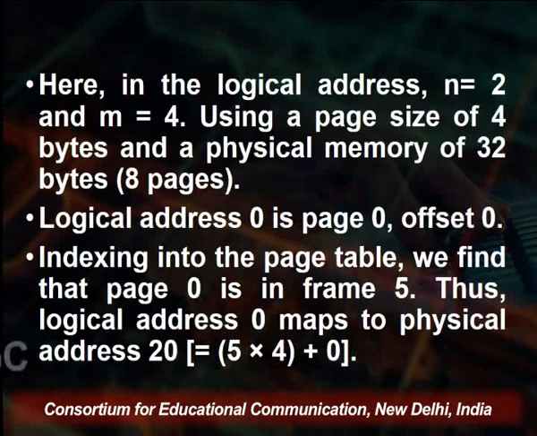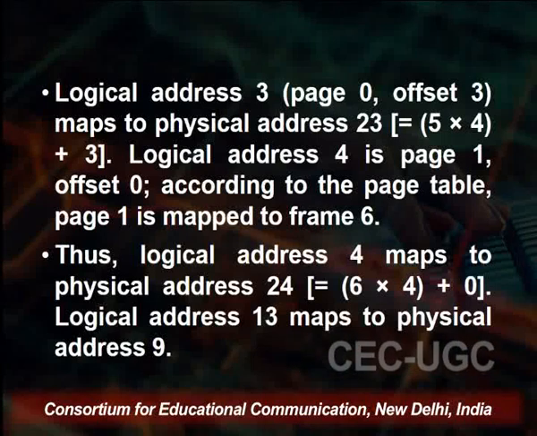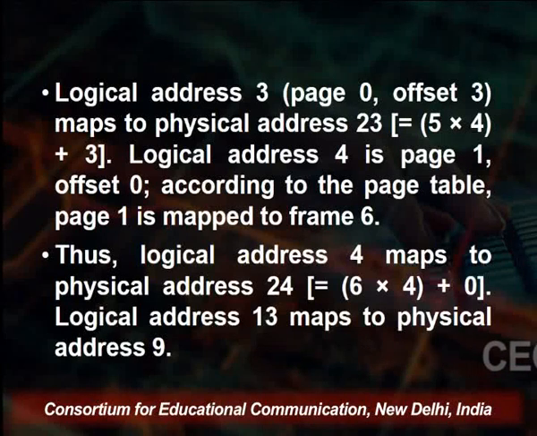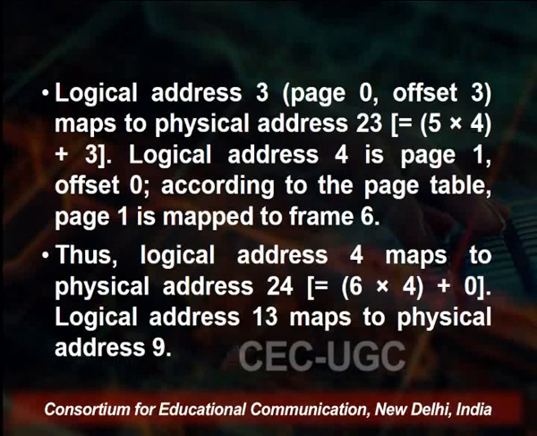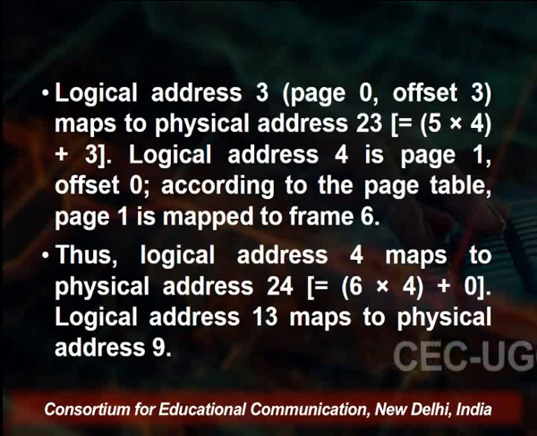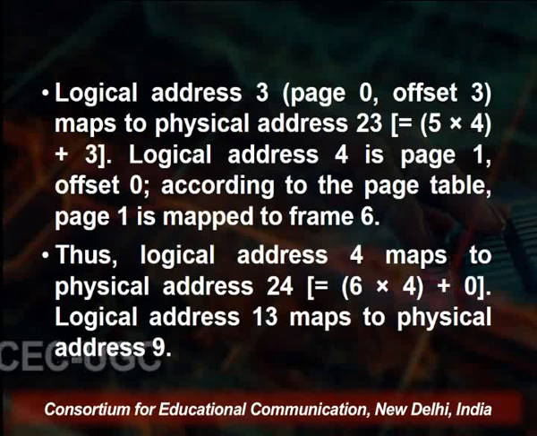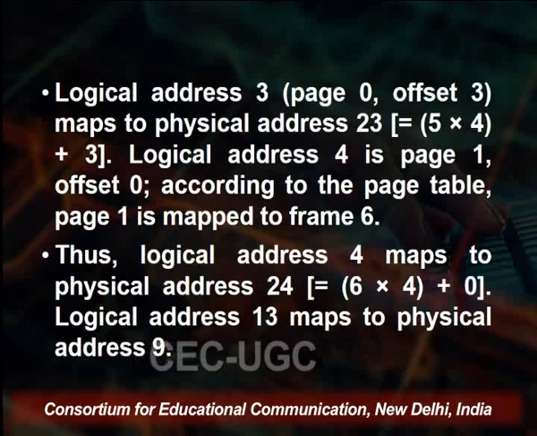So, if we see another example, we have a logical address, let us say 3. So, page 0 offset 3 is going to map to the physical address 5 multiplied by 4 plus 3. Logical address 4 is page 1 offset 0, let us say.